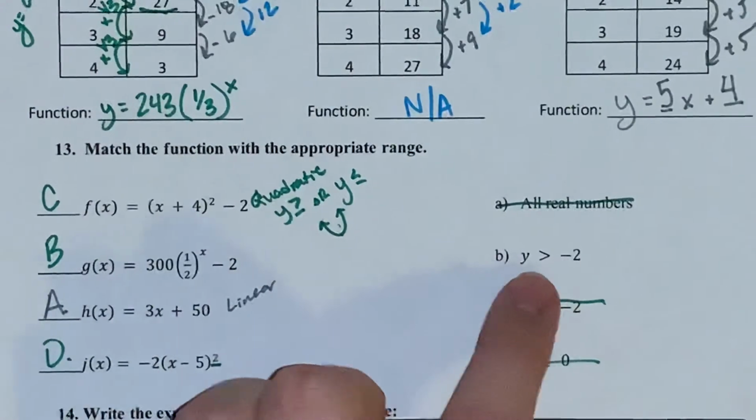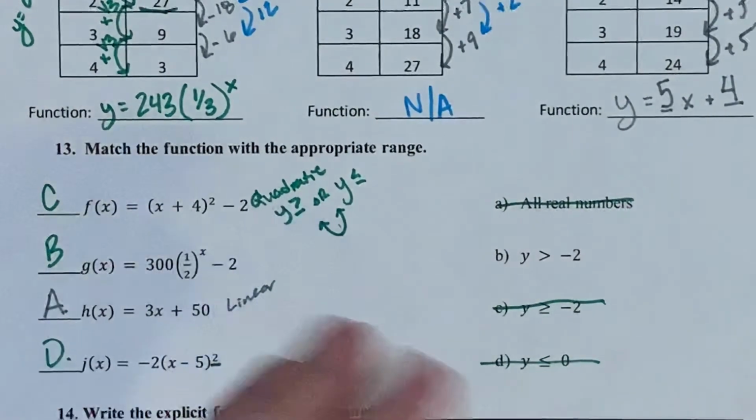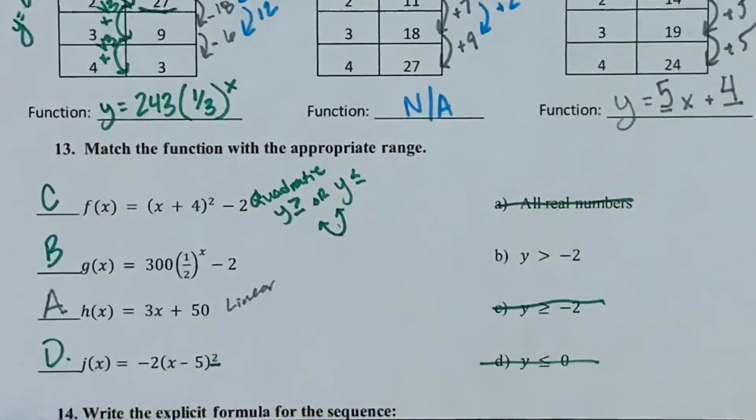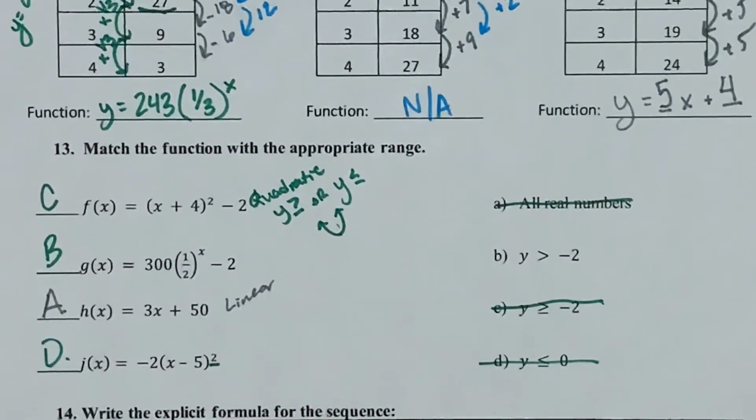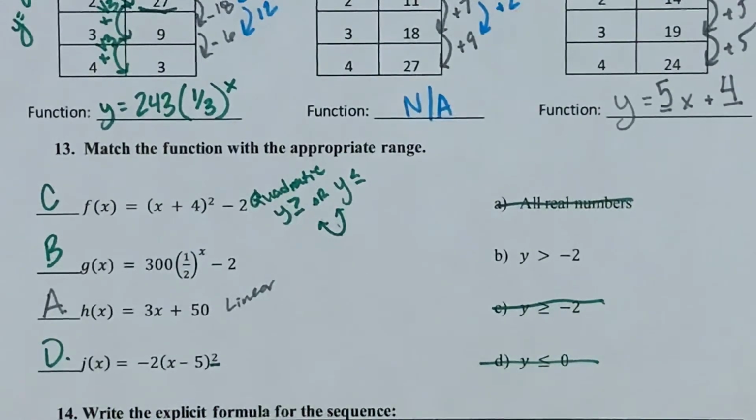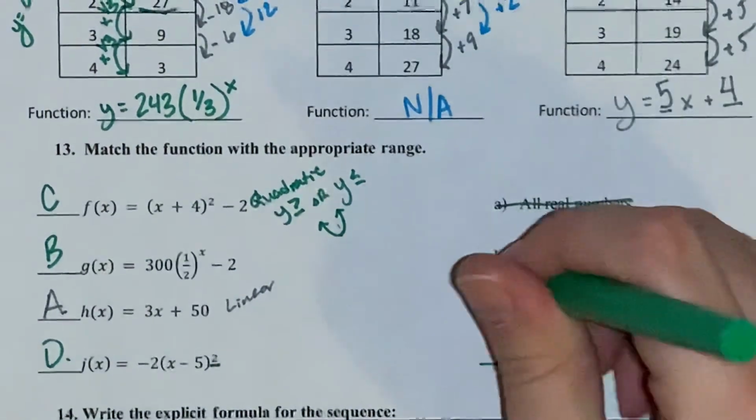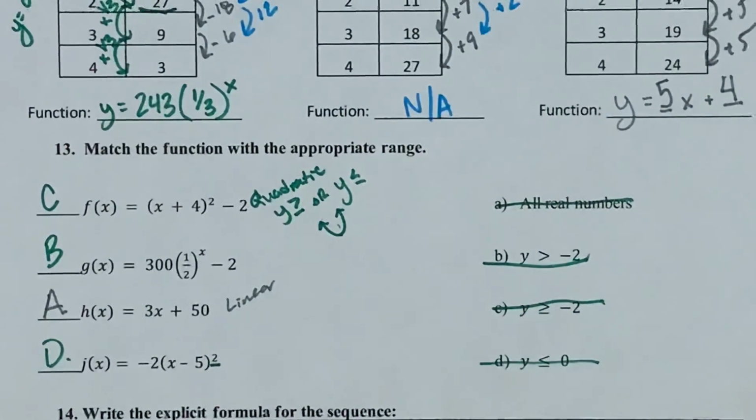Because remember, an exponential function will have an asymptote, and that asymptote can't be crossed. So it's got to be either above that asymptote or below the asymptote. So it can't be equal to. So if you don't see an equal to in the range inequality, then you know it can't be a quadratic. But for this, process of elimination did us well.